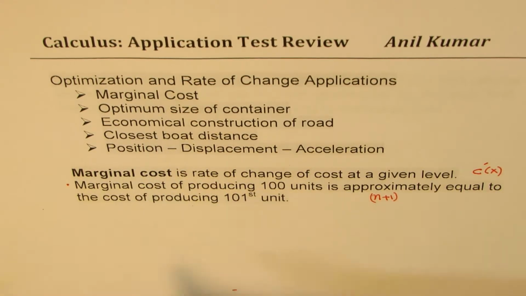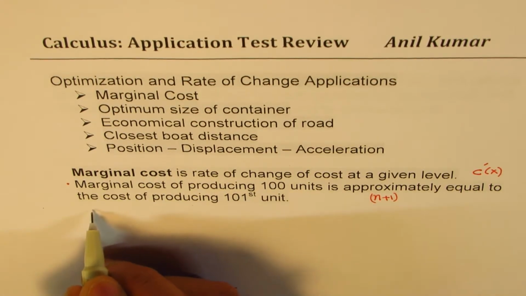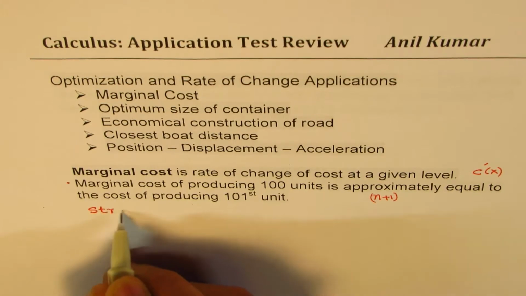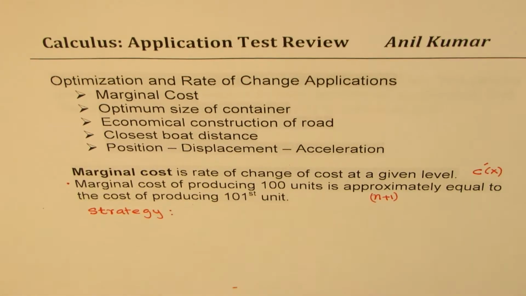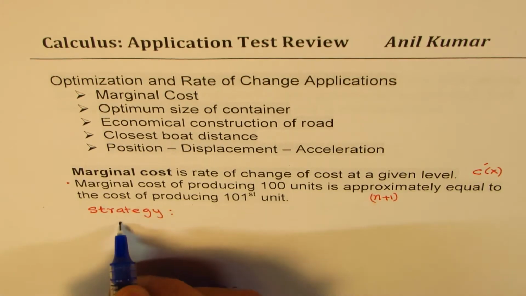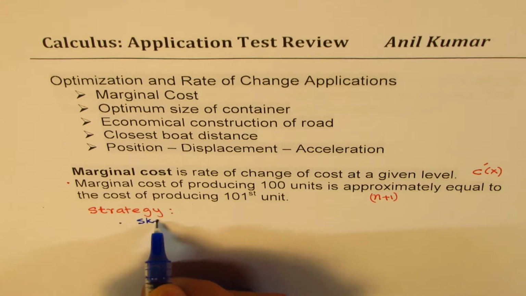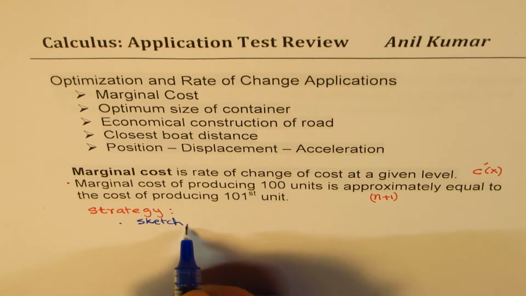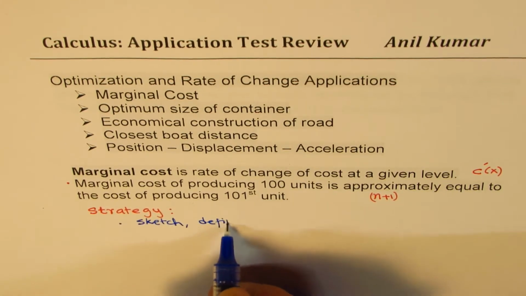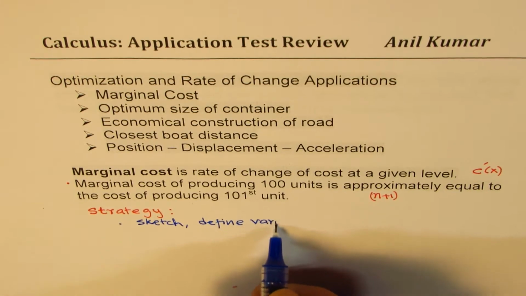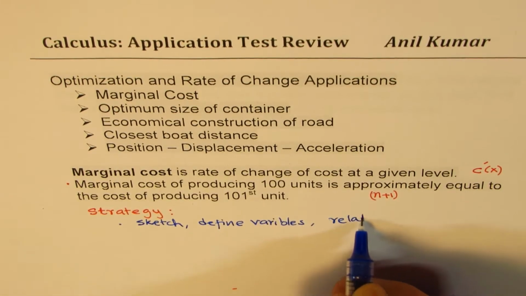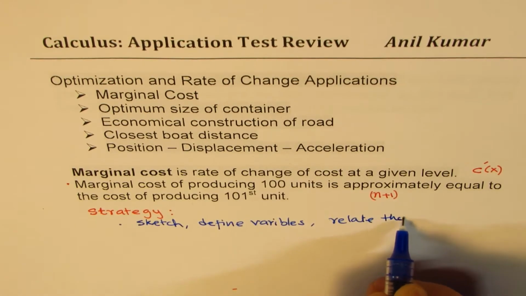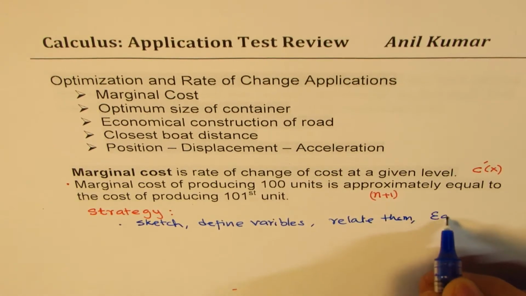Now before taking these examples, let me summarize the strategy which I am going to follow to answer all these questions. Strategy is kind of simple. We'll always try to first sketch, define variables, relate them, and make equations.